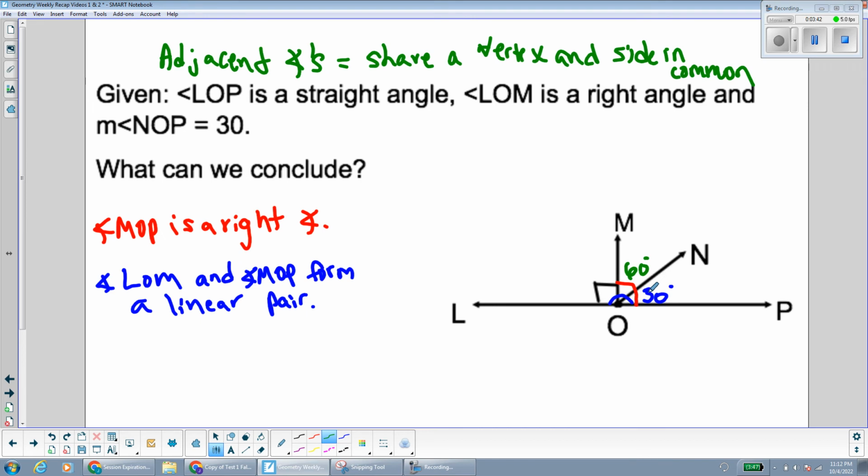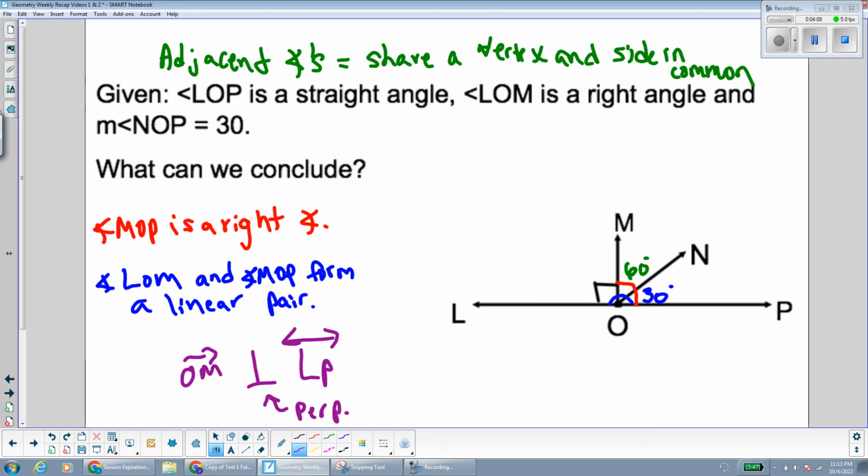One last conclusion, and there's more that we can draw, but one last one for the slide before we move forward. We can say that ray OM, notice how this ray is going in the M direction, that's where the arrow is facing, is perpendicular to line LP. Remember, perpendicular, and that's the symbol for perpendicular.